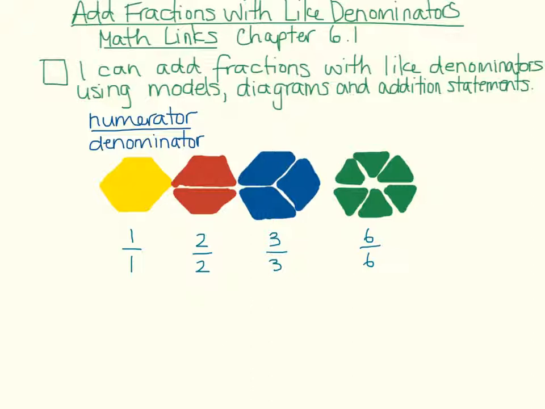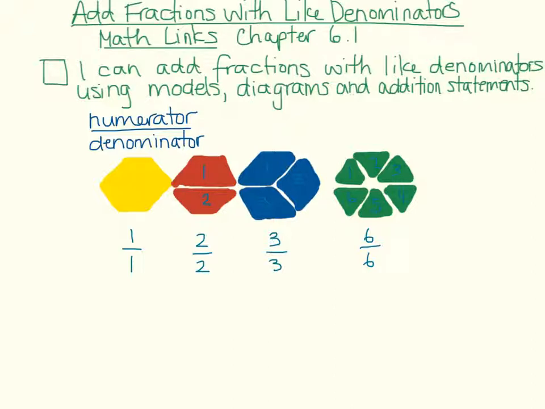So in this fraction that we have here, we have two pieces, 1, 2, out of a possible two pieces that make up the whole. In the blue picture, we have three possible pieces to make up the whole, and we have three of them. And in the green picture, we have 6 possible pieces to make up the whole. Our whole is divided into 6 pieces, and we have 6 of them.